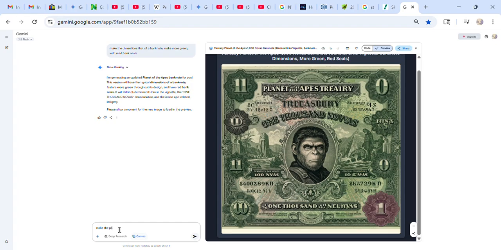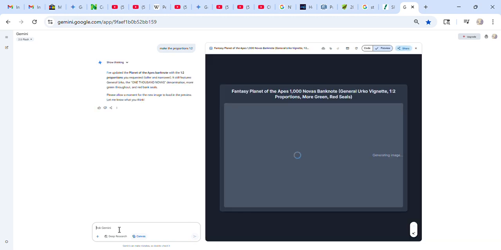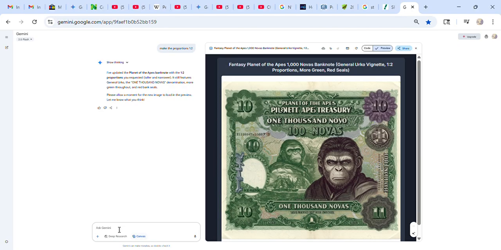Okay. Make the proportions 1:2. Well, the proportions are still off, but that's fine.